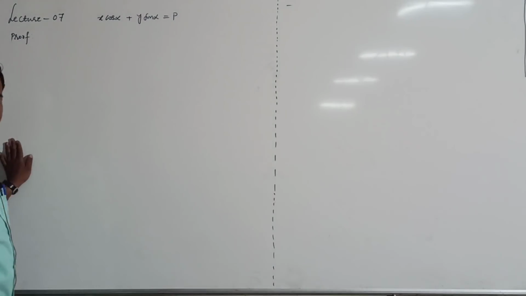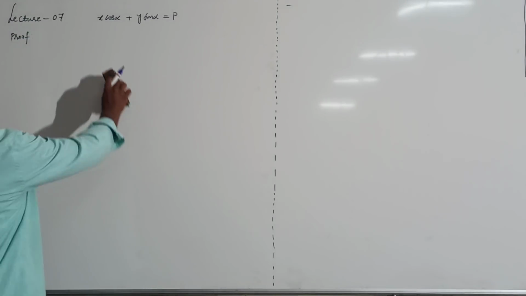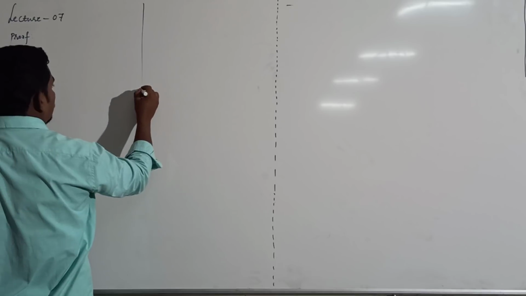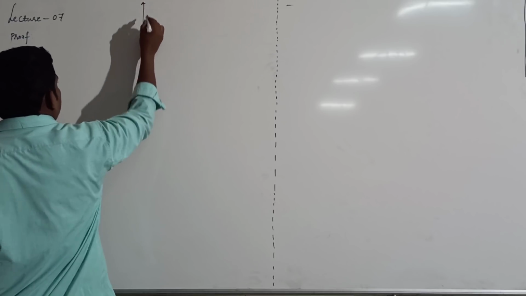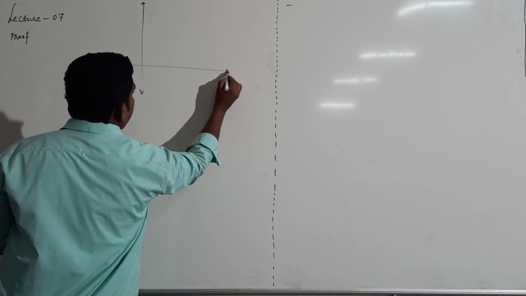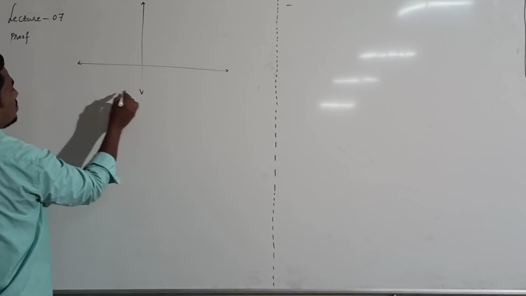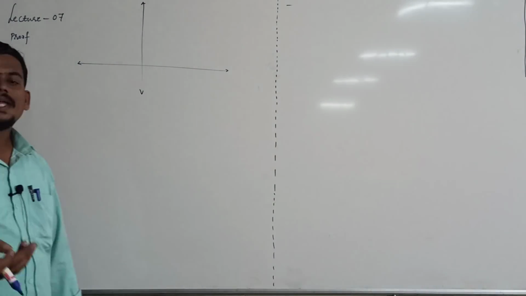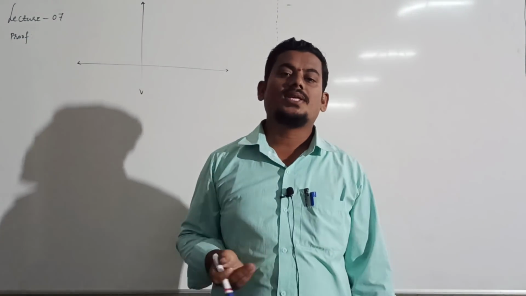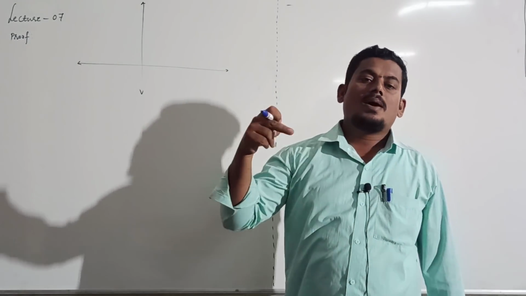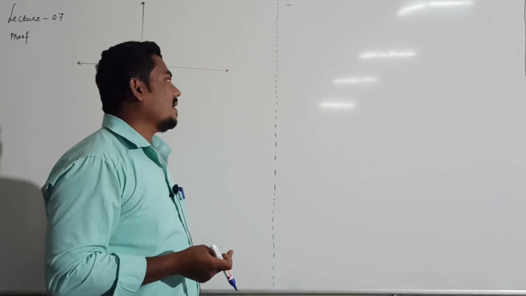Just consider a 2D plane. This is our 2D plane. Derive the equation of the line in normal form as x cos alpha plus y sin alpha is equal to p.